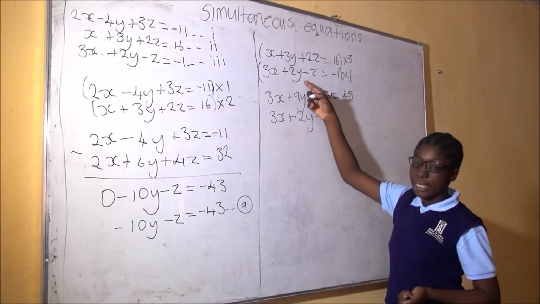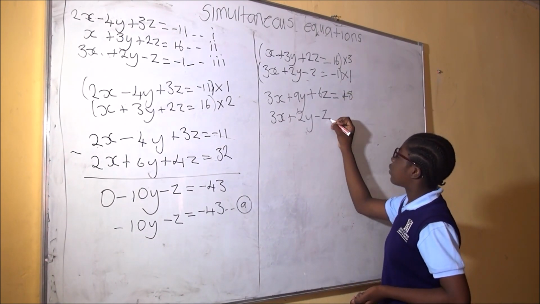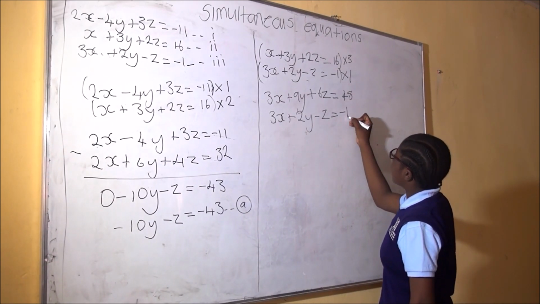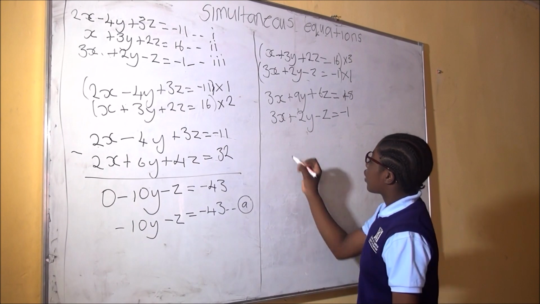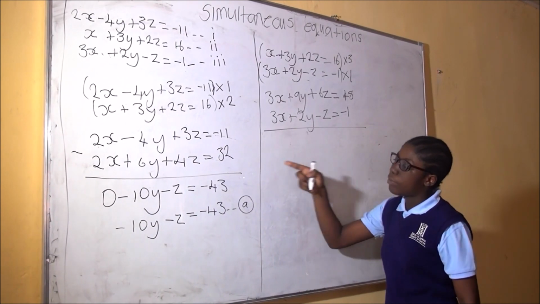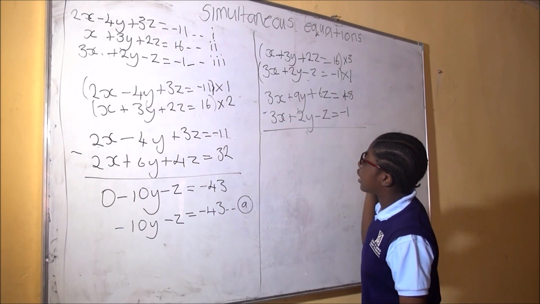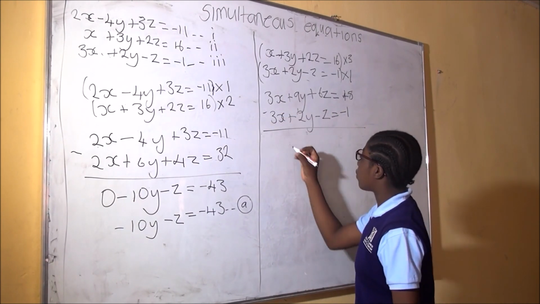Minus 1 multiplied by negative z, we're going to have negative z. And 1 multiplied by negative 1 is negative 1. So here we can also eliminate the same variable we eliminated in the first step. We're going to eliminate x again. So 3x minus 3x, we're going to have 0.